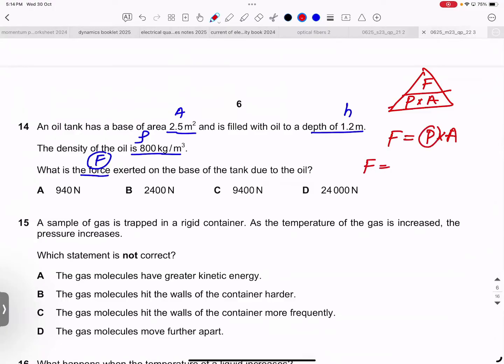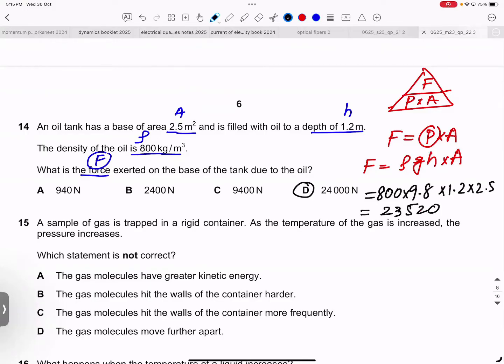And pressure is rho gh times area. Put the values. Rho, density. g, 9.8. h 1.2, area 2.5. 23,520, option D.